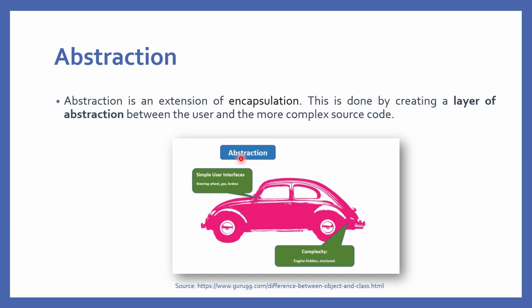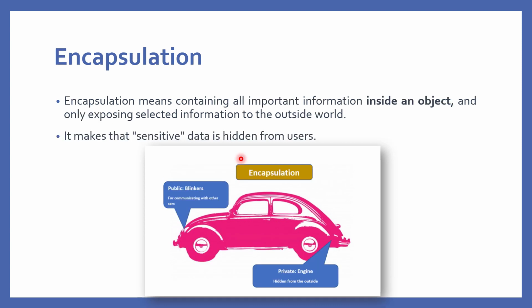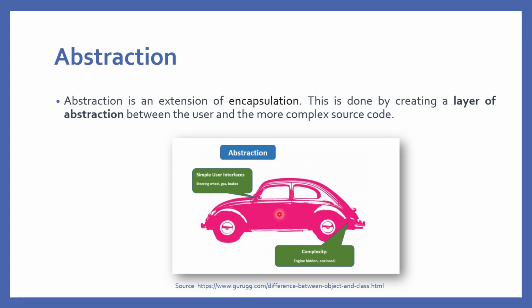It's just an extension of encapsulation, where we discussed that we have something for the outer interface and something hidden which is complex. So we can create a layer of abstraction through which we can create a simple user interface for the outer world, while all the complexity is hidden within the complex source code.